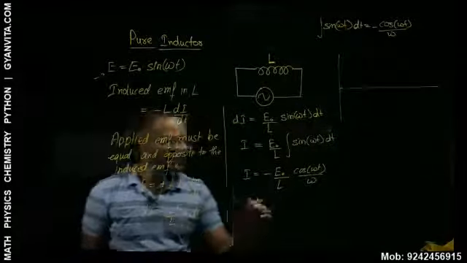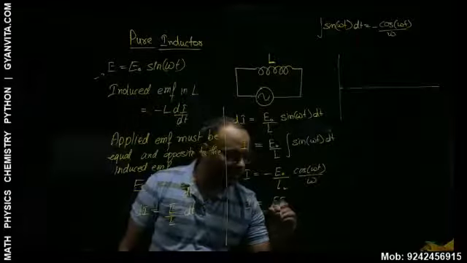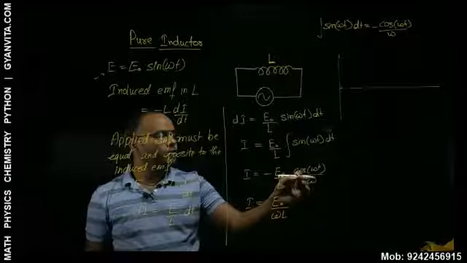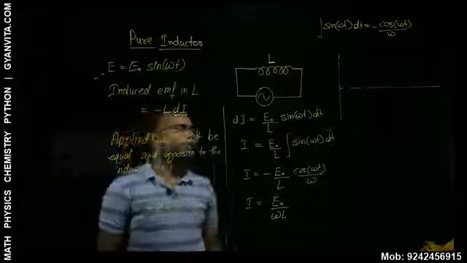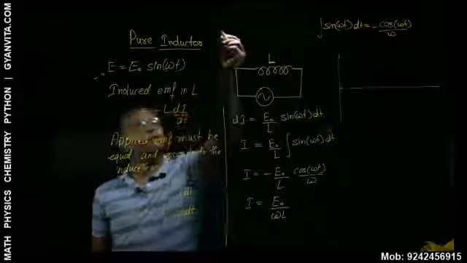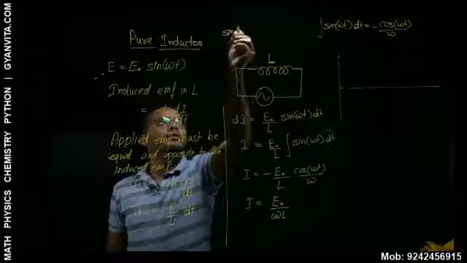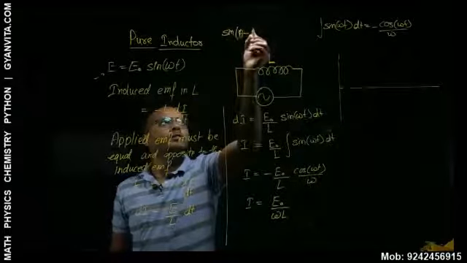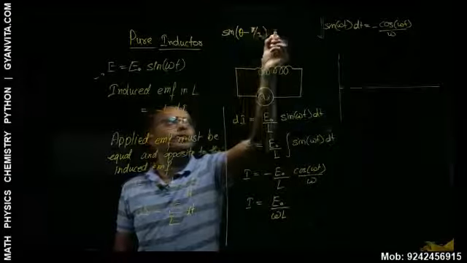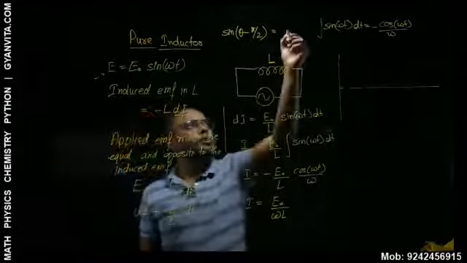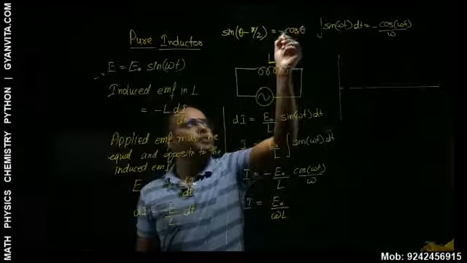That is, it will be E naught divided by omega L, first thing. Then coming to minus cos omega t, we'll go to trigonometry, which says sine of theta minus pi by 2 will be cos theta.